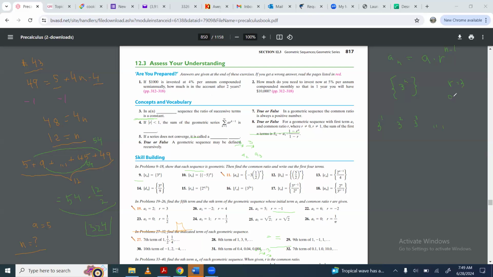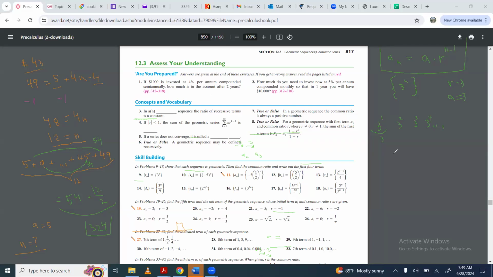And the first term, where do we start? Here it is 3. So the first term is 3. So when you have a ratio and when you have your first term, you can find any term whatsoever. Here they say, write out the first 4 terms. Well, they'd be powers of 3, right?